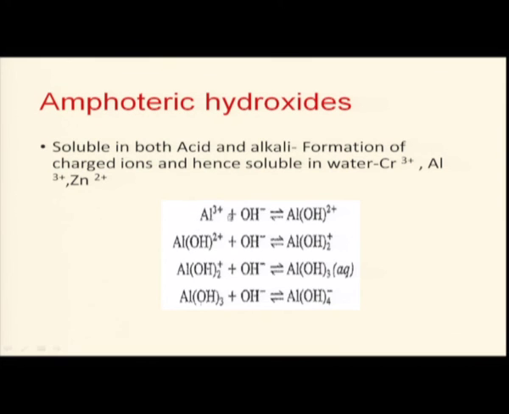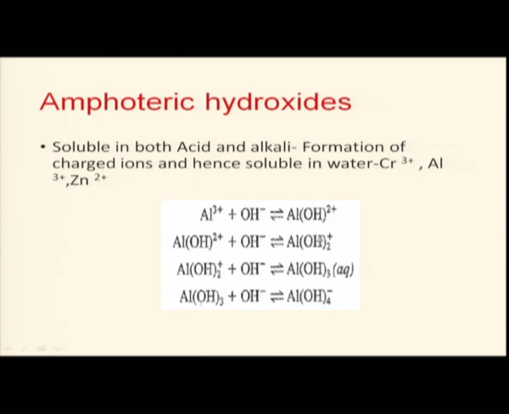Just to see the equations for aluminum 3+, if you add hydroxide, it will initially form a soluble species. Next, if you add more hydroxide, this is again a positively charged soluble species. If you add 3 moles and all the aluminum is neutralized, you have aluminum hydroxide. This is an insoluble species because there is no charge, so it precipitates from water.